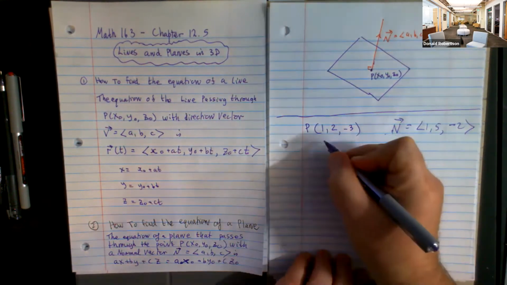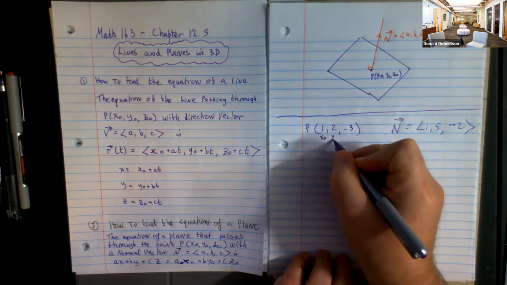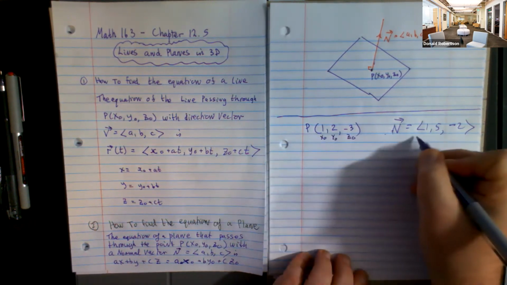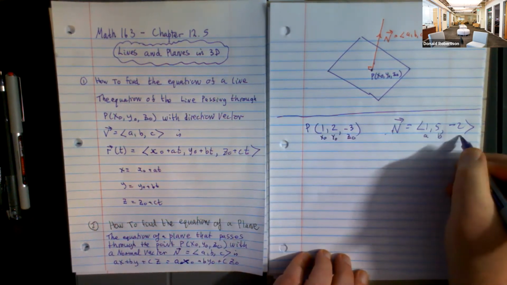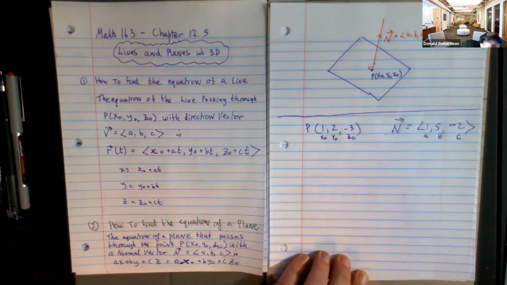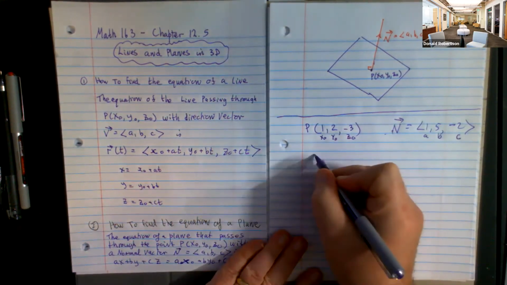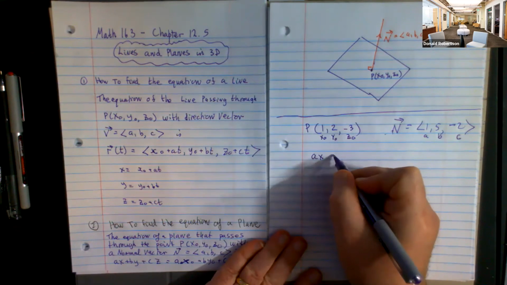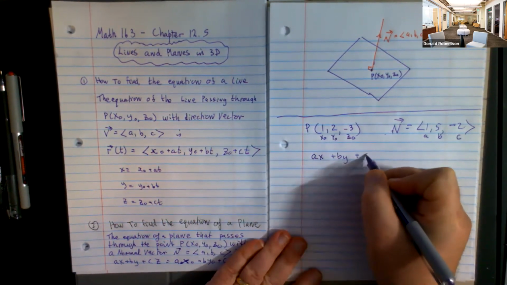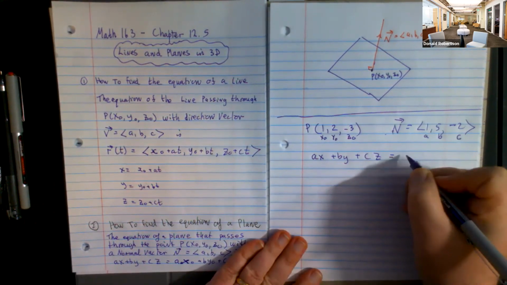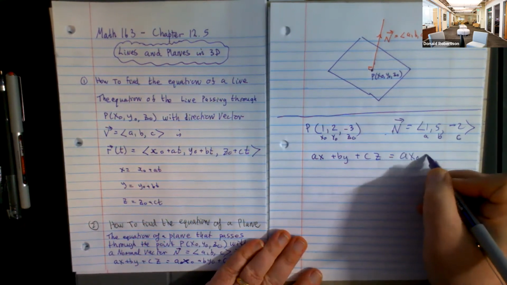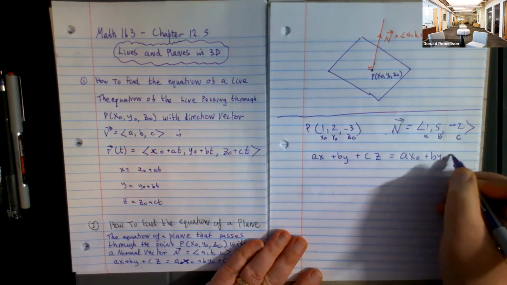Then this is my x naught, my y naught, and my z naught, and this is going to be my A, my B, and my C. So what do you get? You get Ax plus By plus Cz is Ax naught plus By naught plus Cz naught.